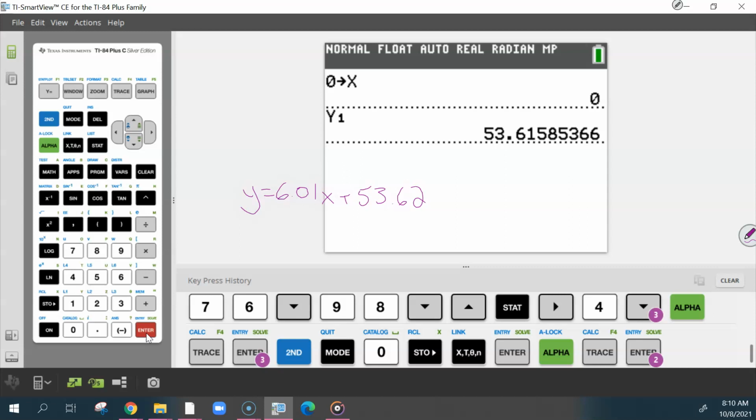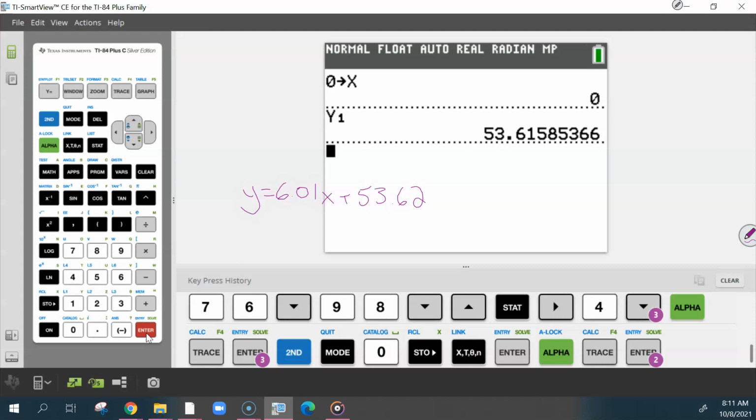If at any point you get lost, please say something. If something is wrong, I would say go back to the main screen. You can redo this. So restore 0 as x. Main screen is second mode. And then restore 0 as x, 0 STO x.